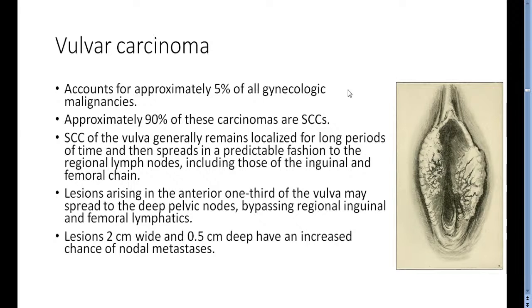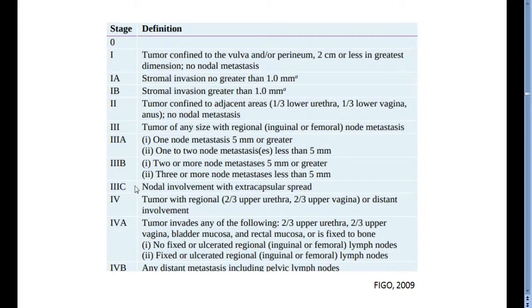Lesions arising in the anterior one-third of the vulva may spread to the deep pelvic nodes by bypassing regional inguinal and femoral lymphatics. Lesions 2 centimeters or 0.5 centimeters deep have an increased risk for nodal metastasis. So the bigger the lesion, the more chances to metastasize.